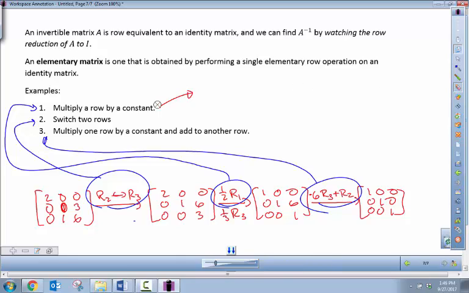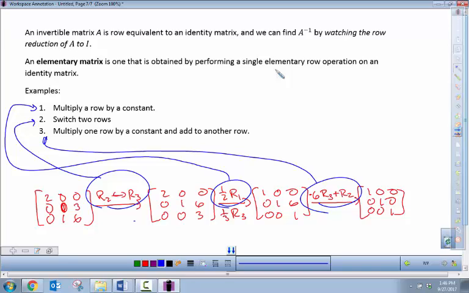So these are three elementary row operations, and what we could do is we can actually represent these row operations by a matrix.